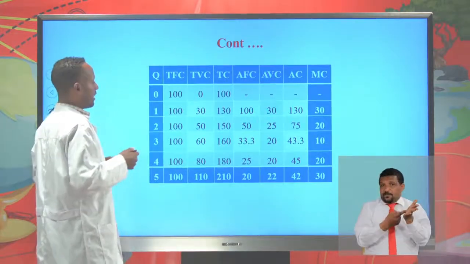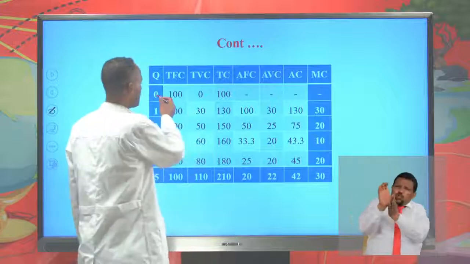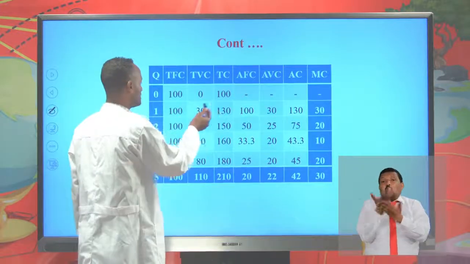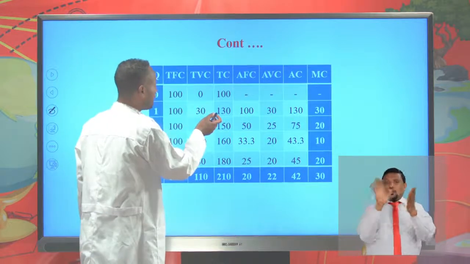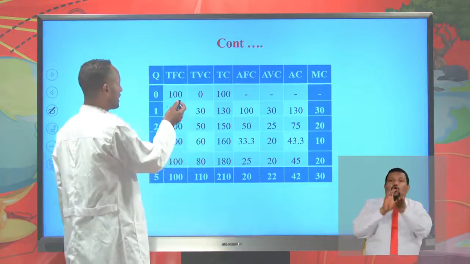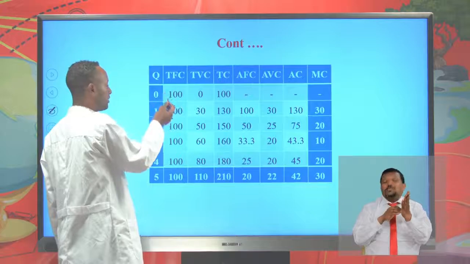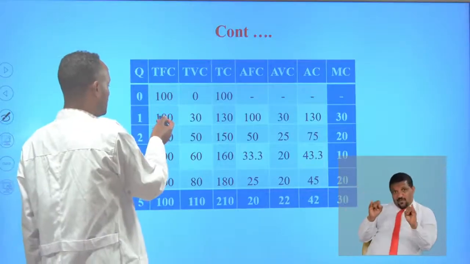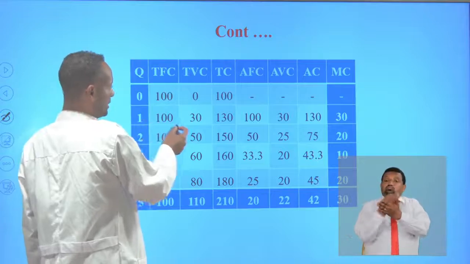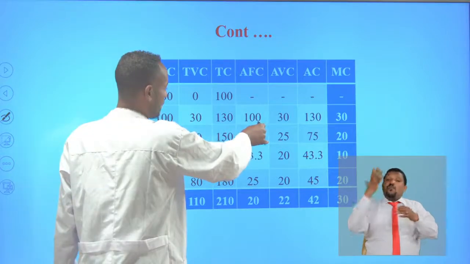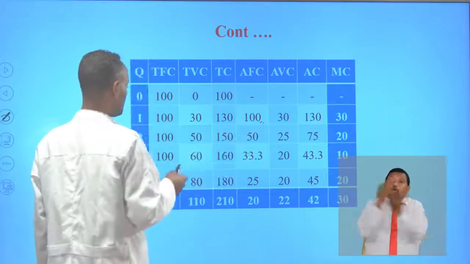Here, the average fixed cost of producing 0 units of a commodity is undefined since the denominator is 0. And when we calculate the average fixed cost of production, it is calculated by dividing TFC by Q. So, if the TFC is 100 and the output produced and sold is 1, then the average fixed cost of production is 100.